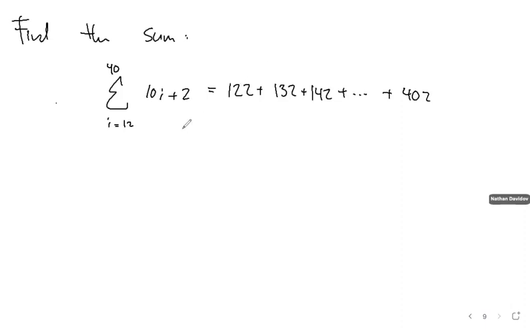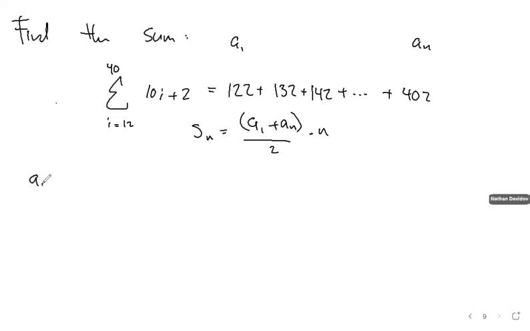And I know that this is an arithmetic sequence, so the nth partial sum is given by a1 plus a sub n all over 2 times n. So that's fine. I know what my a1 is. I know what my an is, but I don't know what n is. So I have to figure that out.